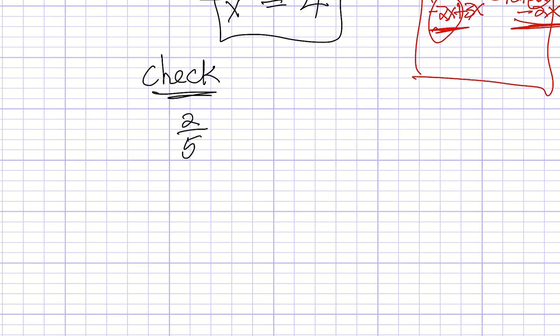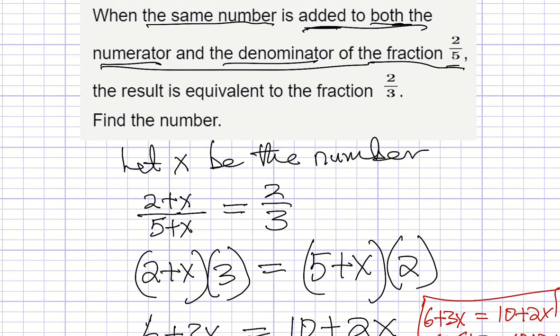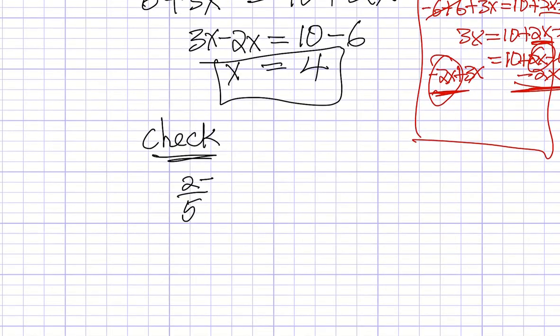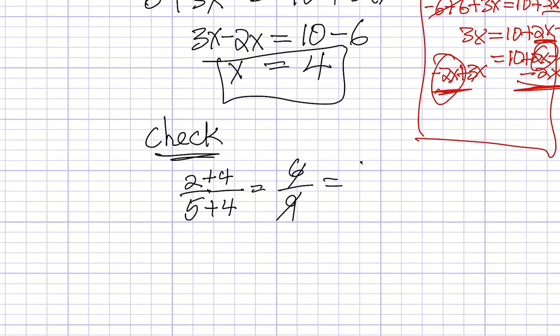When the same number is added to both, so you add 4 because we got 4, okay? What happens? Simplify that. You say 6 over 9. You see? Divide that. Simplify that. What do you get? It will be 3. No, 2. 3 will go into both of them.